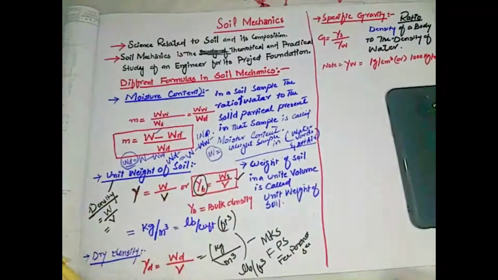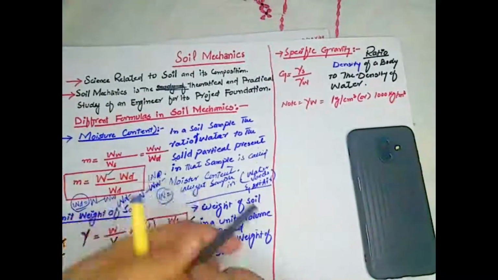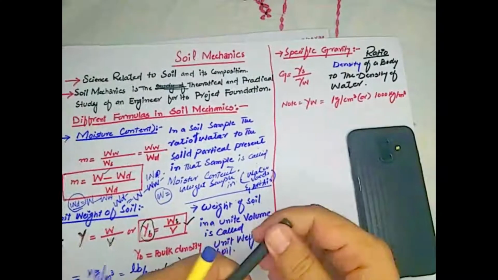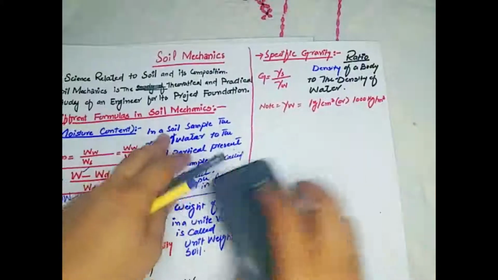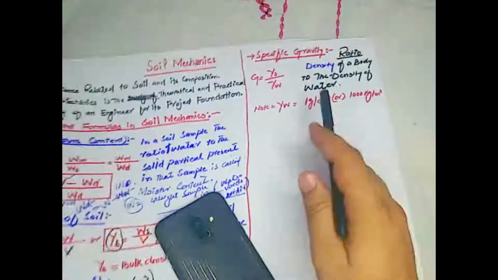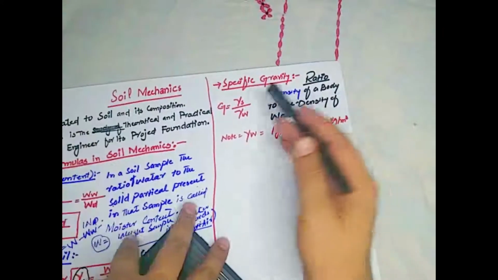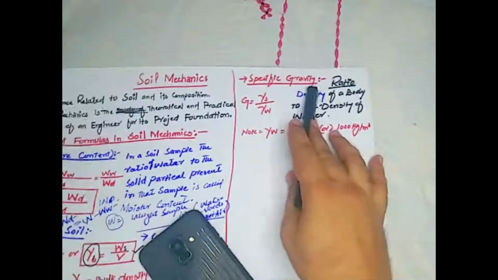The fourth and last formula commonly used in soil mechanics is the specific gravity of a soil.